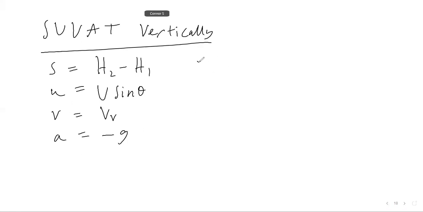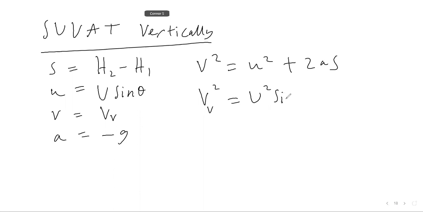It's the same equation we just used: v squared equals u squared plus 2as. So v squared is equal to u sin theta all squared, which gives us u squared sin squared theta, plus 2 times negative gravity, so negative 2g, times this h2 minus h1, our displacement.